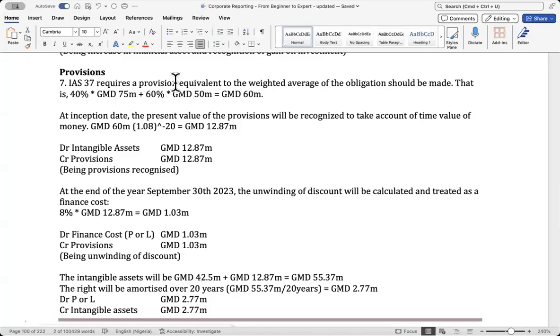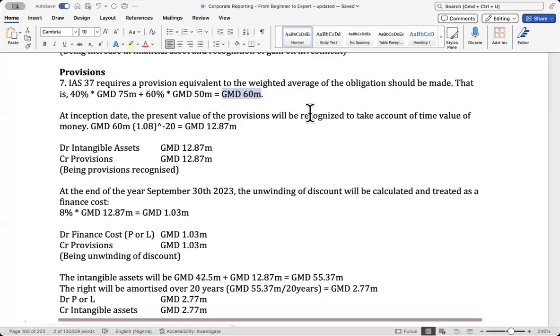IAS 37 requires that a provision equivalent to the weighted average of the obligation should be made. That is 40% times 75, 60% times 50, which is 60 million. At inception, the present value of the provision will be recognized to take account of the time value of money.